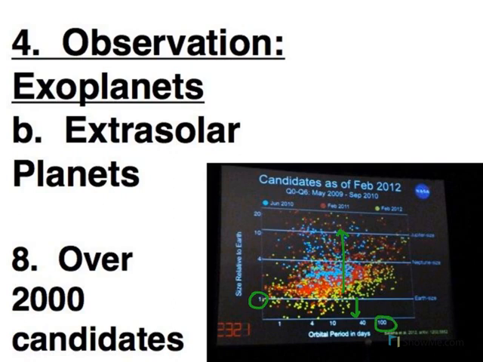It takes us 365 days to go around the sun. So we're still seeing things that are relatively close to the star, but we are also starting to find quite a few objects that are closer in size to Earth than we've ever found before. So it's all going to be very exciting to see what all we can find out there.